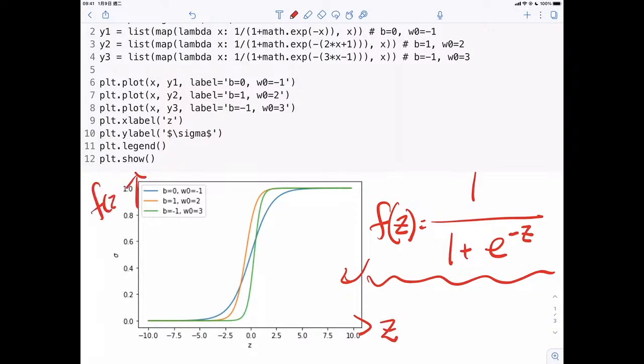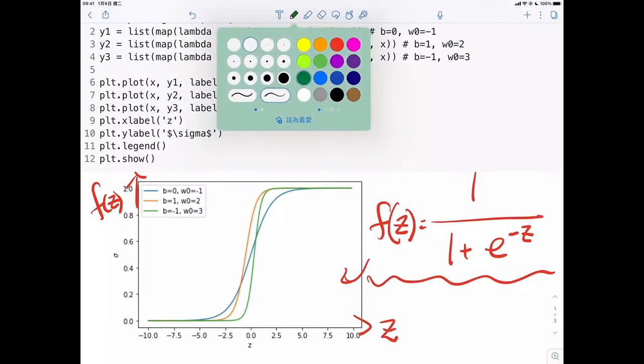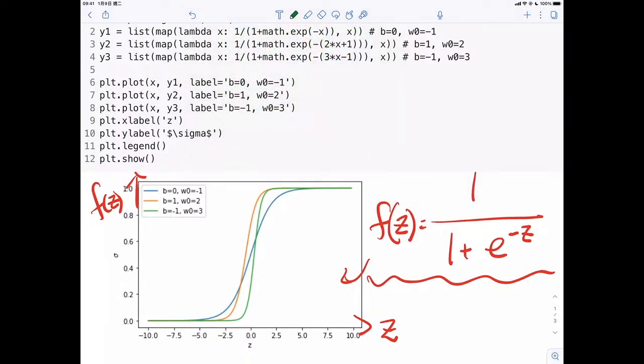Even if we have such a shape which can appropriately describe our data, the next problem is that there are different slopes in the data. The green one, blue one, and the orange one are a little bit different. So how do we describe such different shapes?